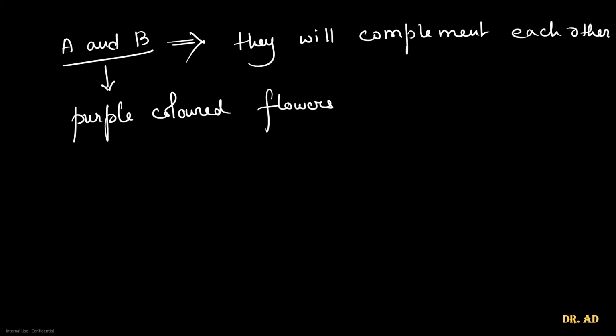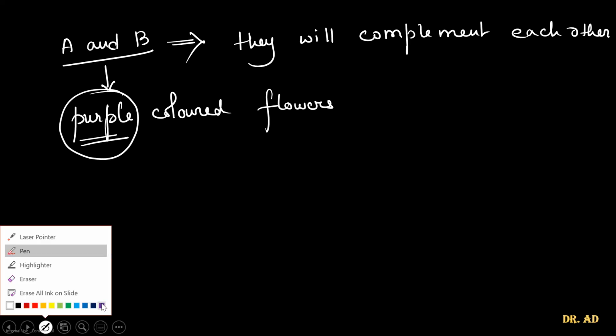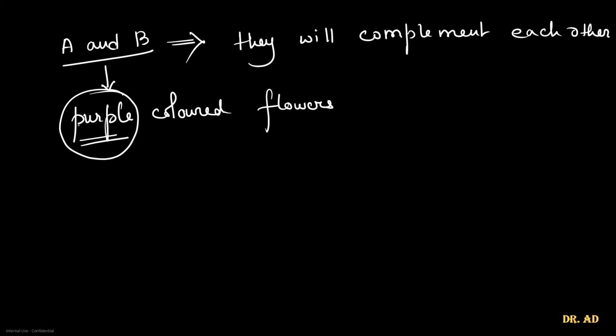See, complementary genes are present on different genetic loci but interact with each other to express a single character in combination. So these complementary genes, though they are present in different loci, interact with each other to express a single character in combination. They combine together to give this single character, this purple. I'll change the color for you to understand better.